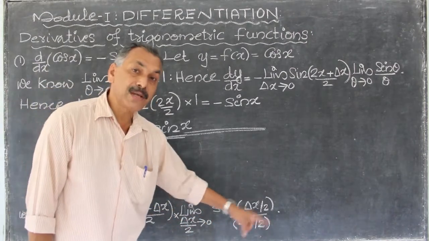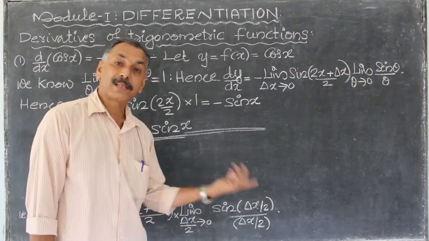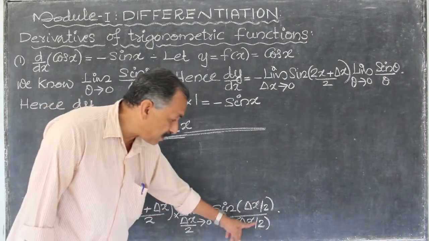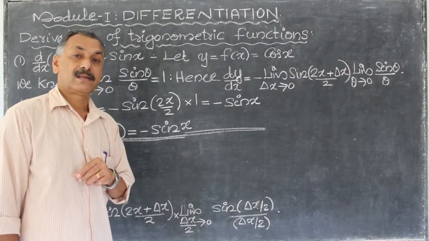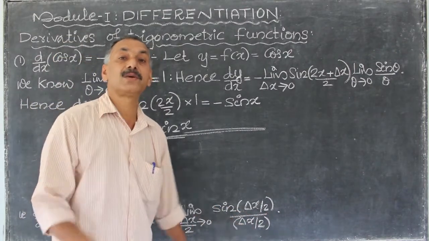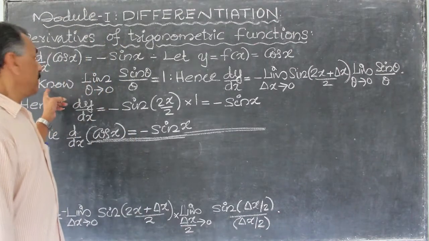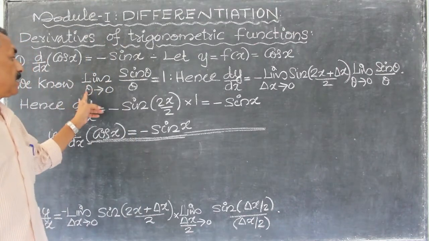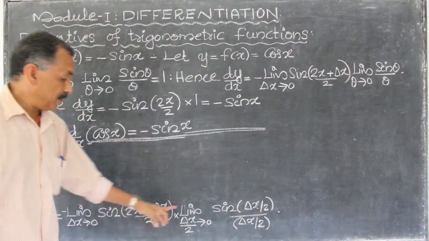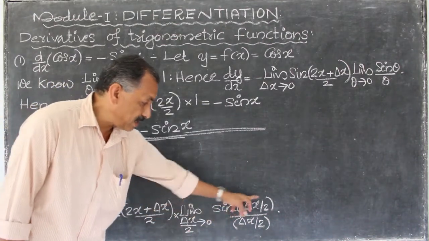Let delta x by 2 be equal to theta. Limit theta tends to 0 of sin theta by theta. What is the limit as theta tends to 0 of sin theta by theta? It is equal to 1, we know.